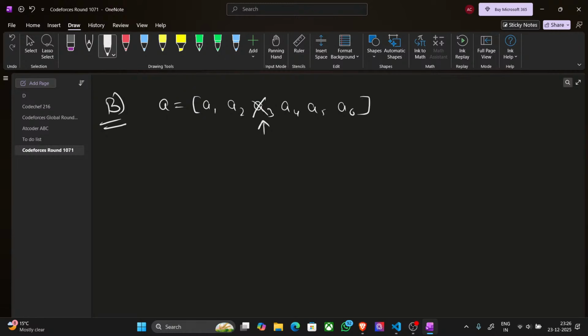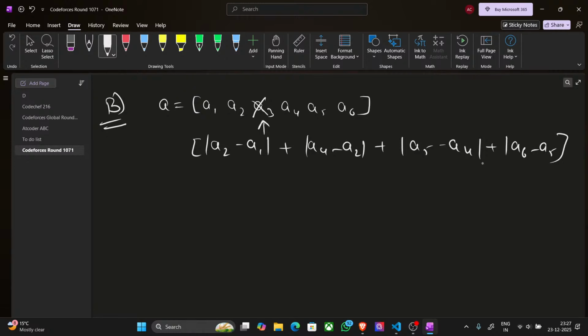Let's say I have removed this A3, then my total sum of absolute difference between the consecutive elements, which is A2 minus A1 plus A4 minus A2 plus A5 minus A4 plus A6 minus A5. This whole thing is minimum.